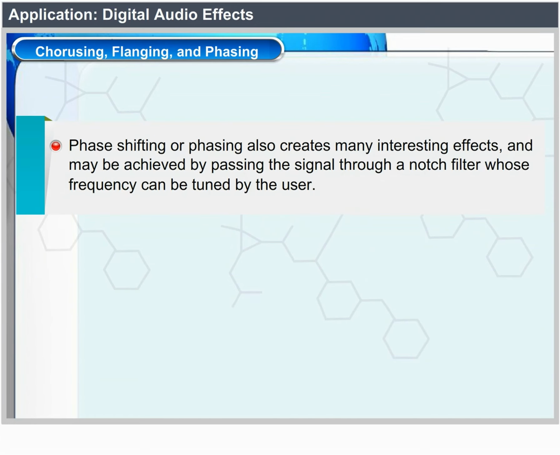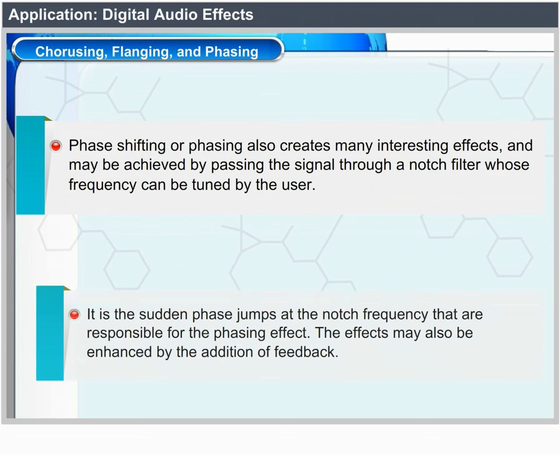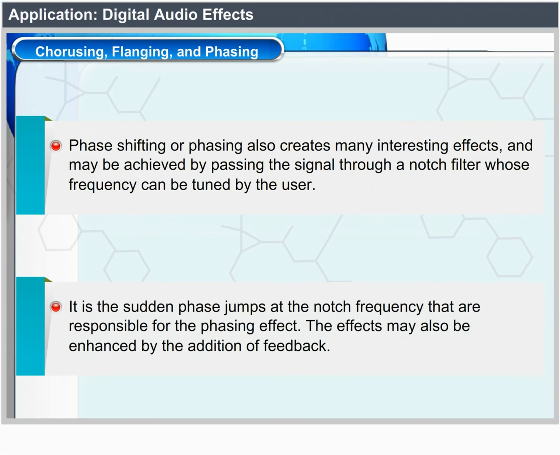Phase shifting or phasing also creates many interesting effects and may be achieved by passing the signal through a notch filter whose frequency can be tuned by the user. It is the sudden phase jumps at the notch frequency that are responsible for the phasing effect. The effects may also be enhanced by the addition of feedback.